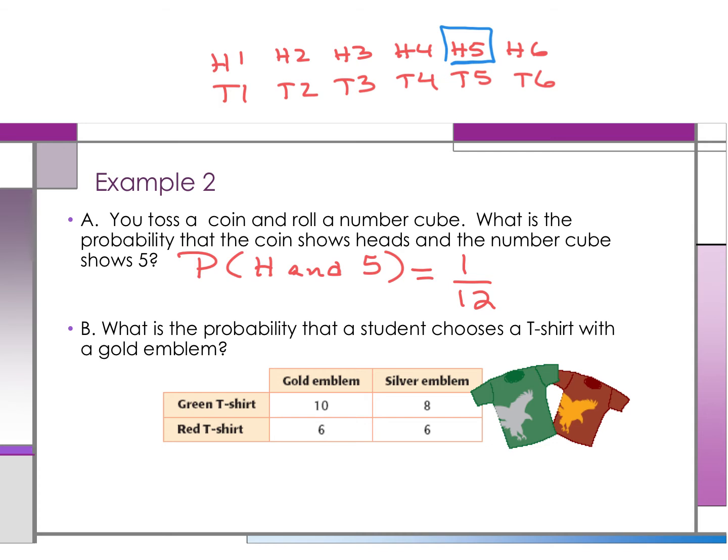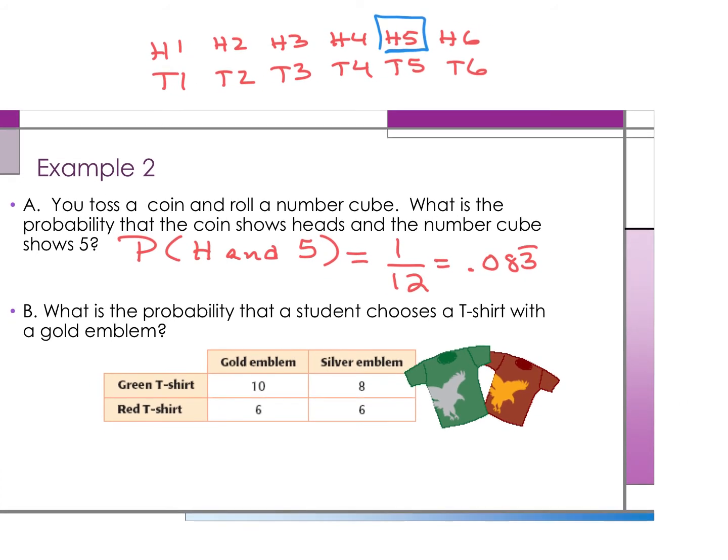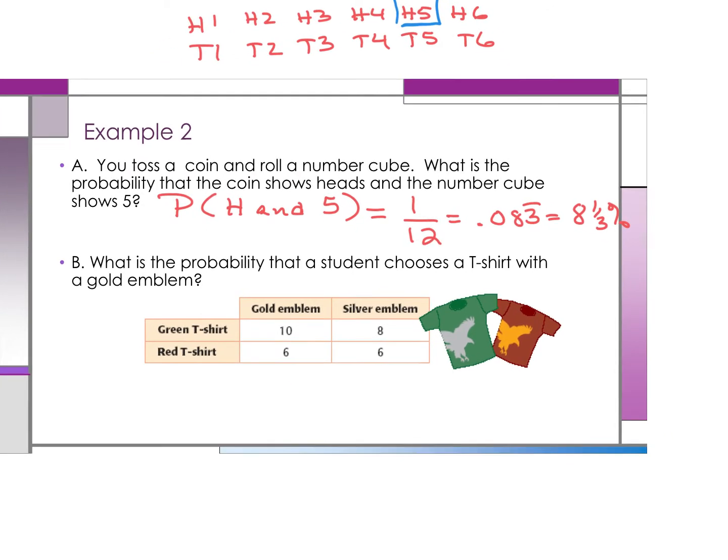Now also remember, you can also represent this as a decimal. So you would just divide 1 by 12, and as a decimal, it's actually 0.083 repeating, and as a percent, it would be 8 1/3%. Most of the time, they're going to ask you to write it as a ratio or as a fraction.